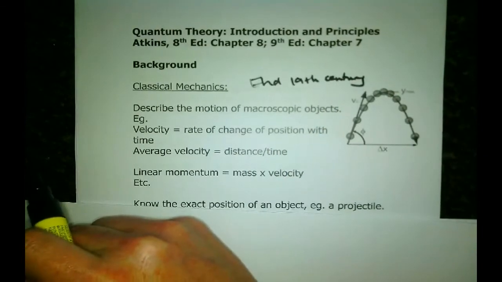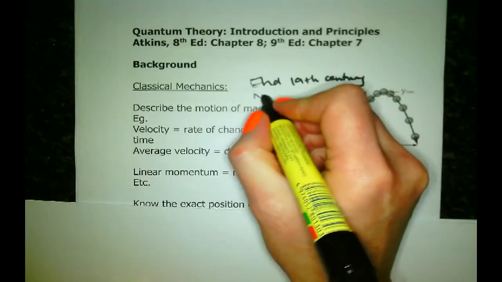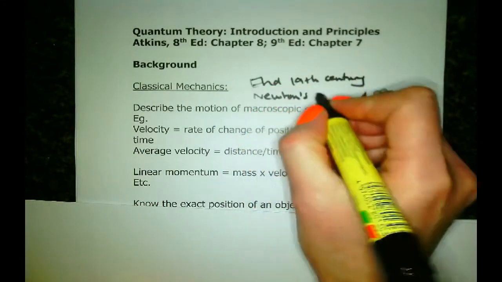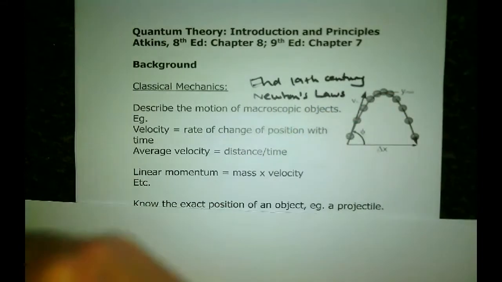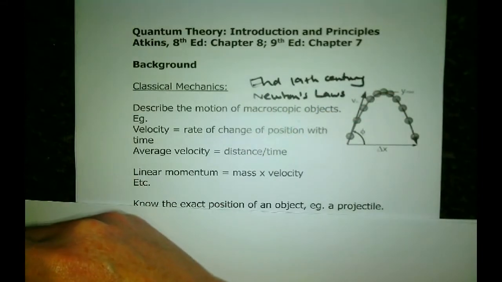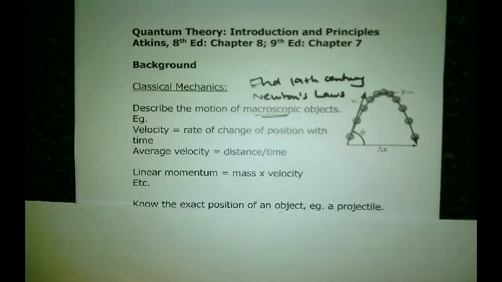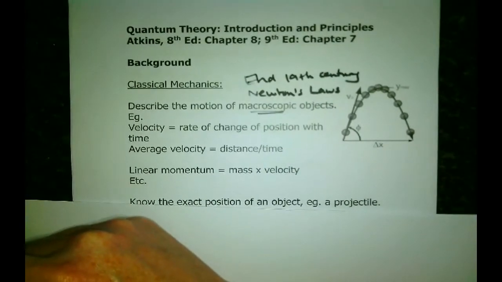At that stage, the scientists had Newton's laws, and we call Newton's laws classical mechanics. And these laws were very useful to describe the motion of macroscopic objects. Macroscopic meaning large, so objects in everyday life.